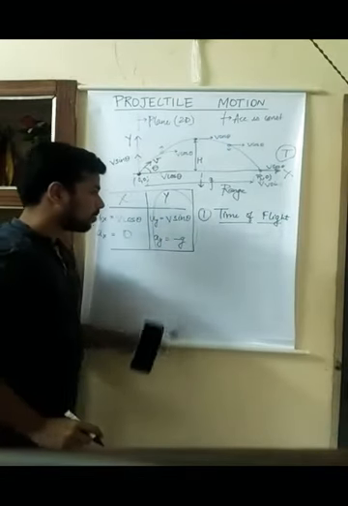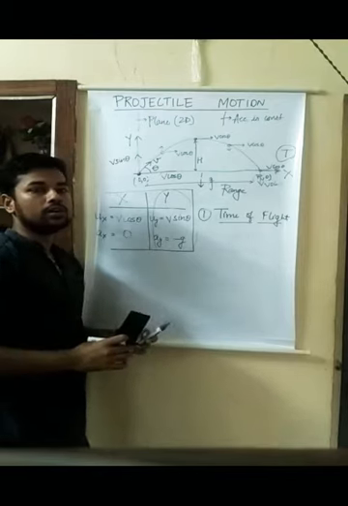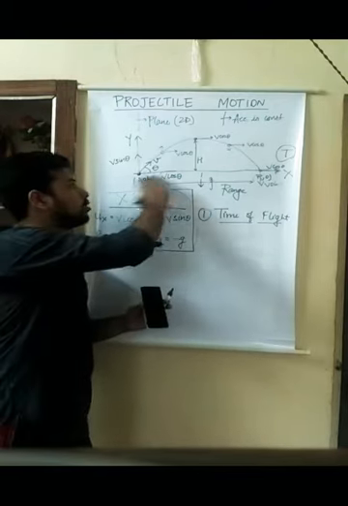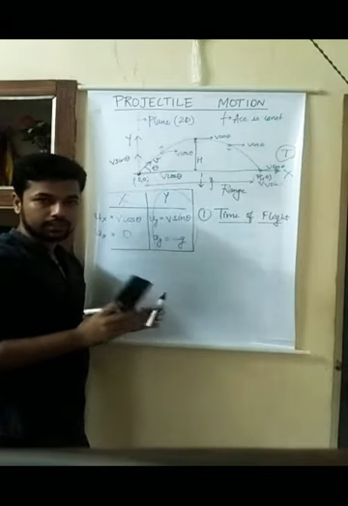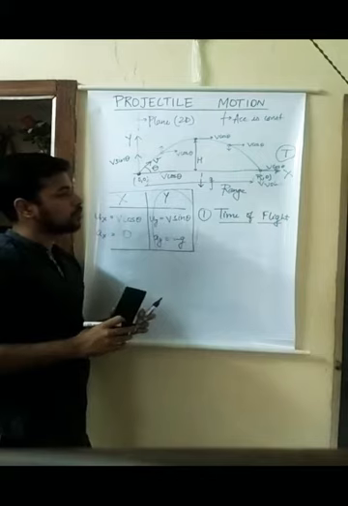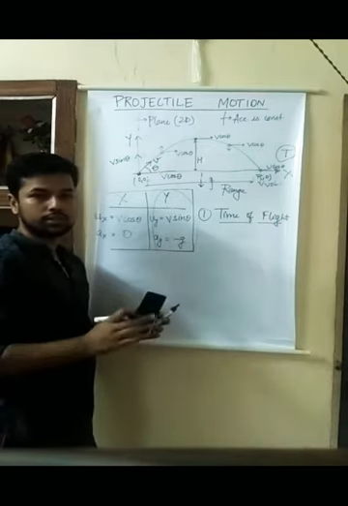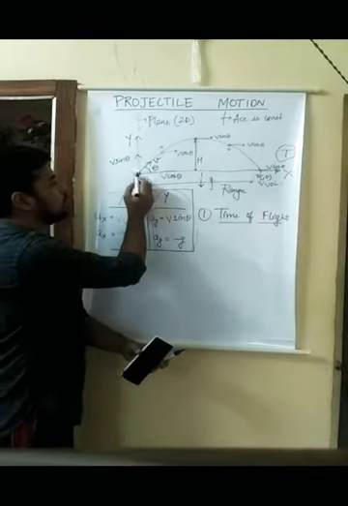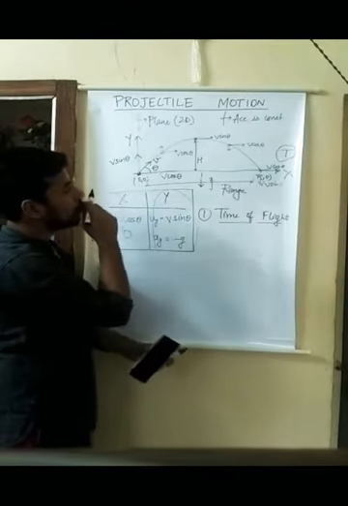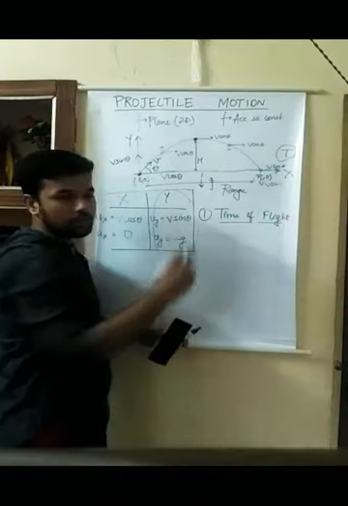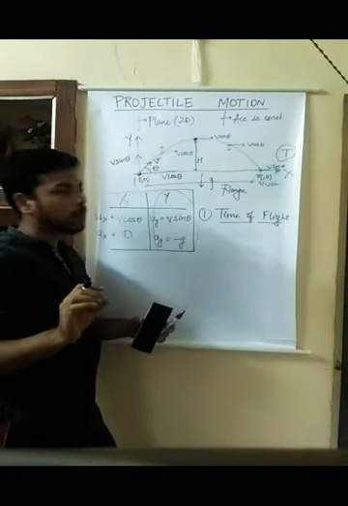As I mentioned, the only thing you have to do in projectile motion is break the velocity into two components, x and y axis, and use simple kinematics. So for time of flight, we do the same. If you look at the y velocity, initially it is v sine theta, but as the ball reaches the topmost position, the y velocity has gone to 0.